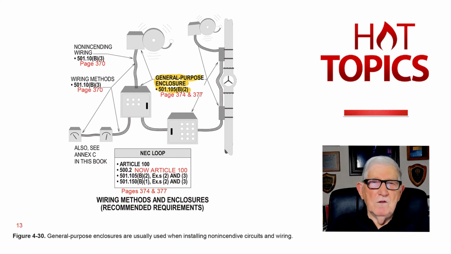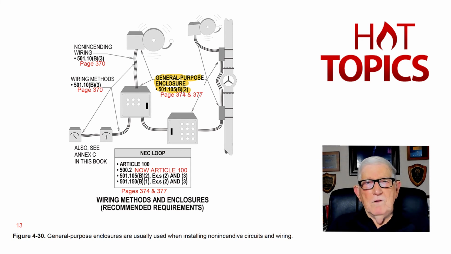And if you're not using hermetically sealed contacts, you're not using all emerge type contacts, and you're using non-incendive when you visit this section 501.105 and 501.150 on page 374 and page 377. And notice general purpose enclosures and general purpose wiring methods may be used as outlined in those sections.